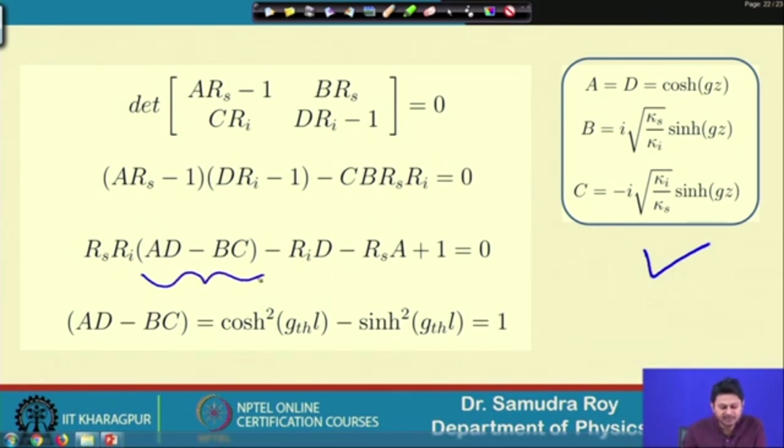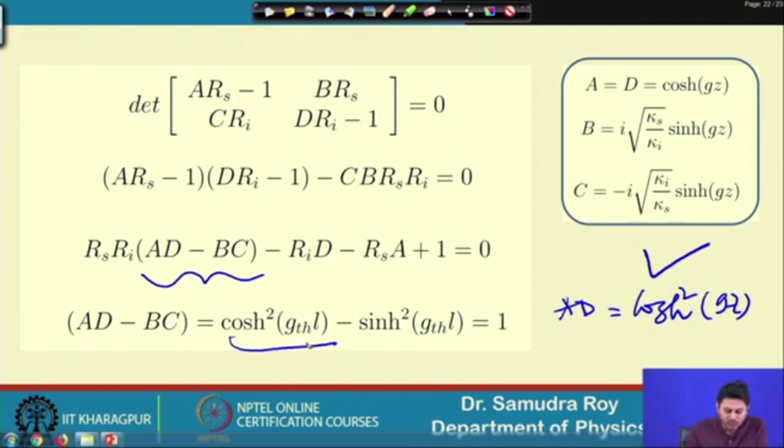If I look carefully, AD is cosh squared of g L, which we have here. Since I am making a threshold condition, I equate the equation under threshold condition, so I write g threshold here, because whatever value of g we impose is basically the threshold condition.